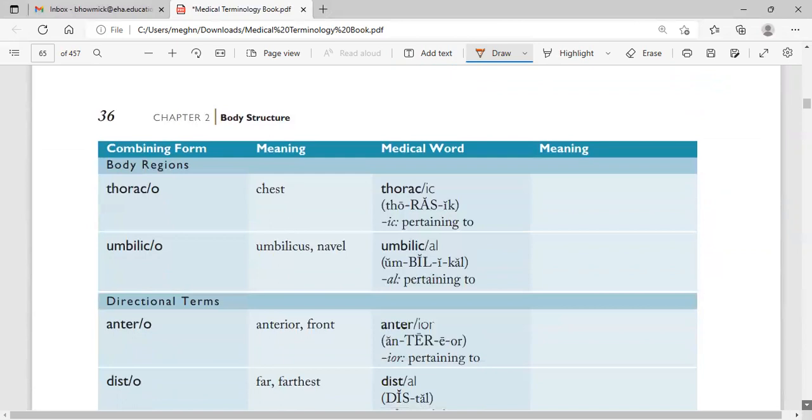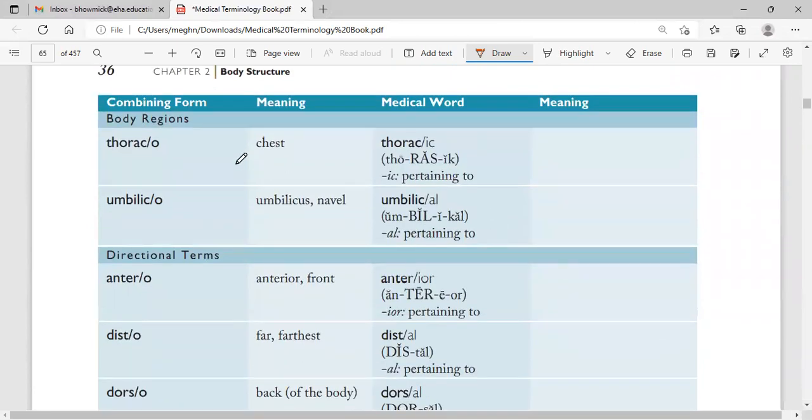Next, thoraco means chest, thoracic organ, right? Umbilical means umbilicus, navel.